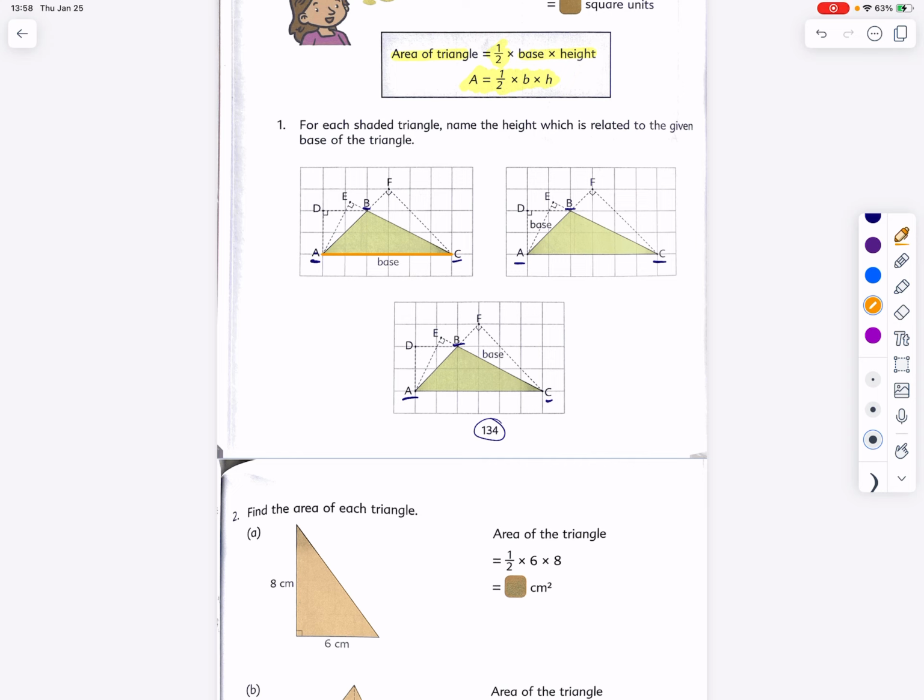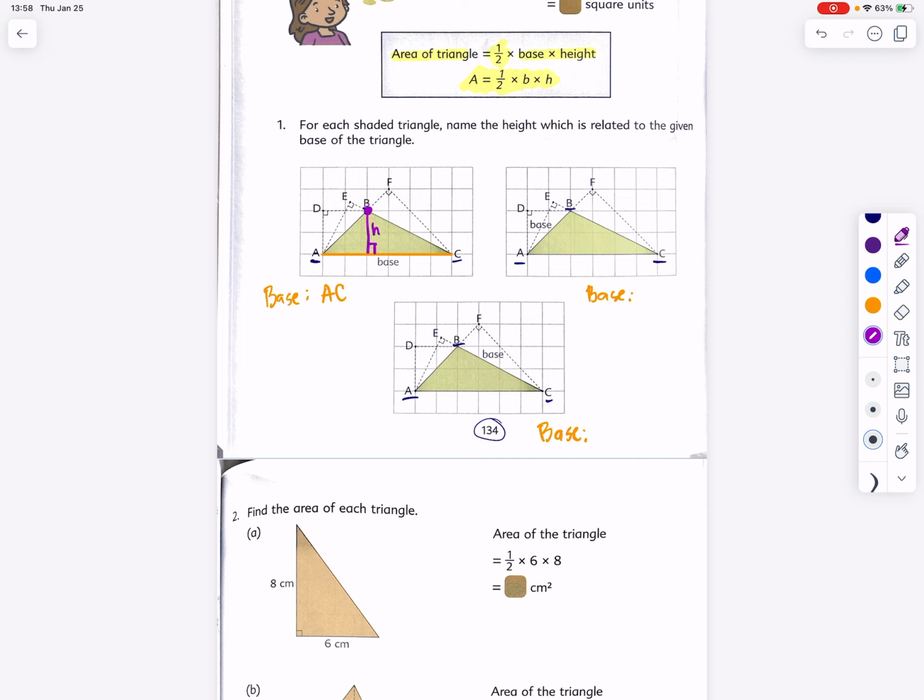So I'm going to write down base for each of these, and we will practice finding it. Now, for the first example, the base is given as side AC. How do we find the height? We have to find the third vertex that is opposite of the base. In this case it is point B, vertex B, and we are going to drop the height perpendicular to the base.